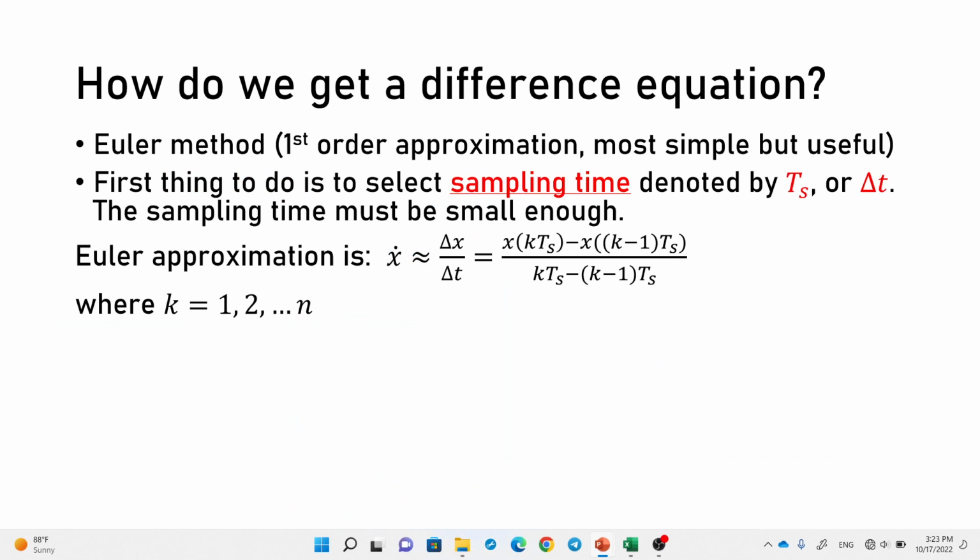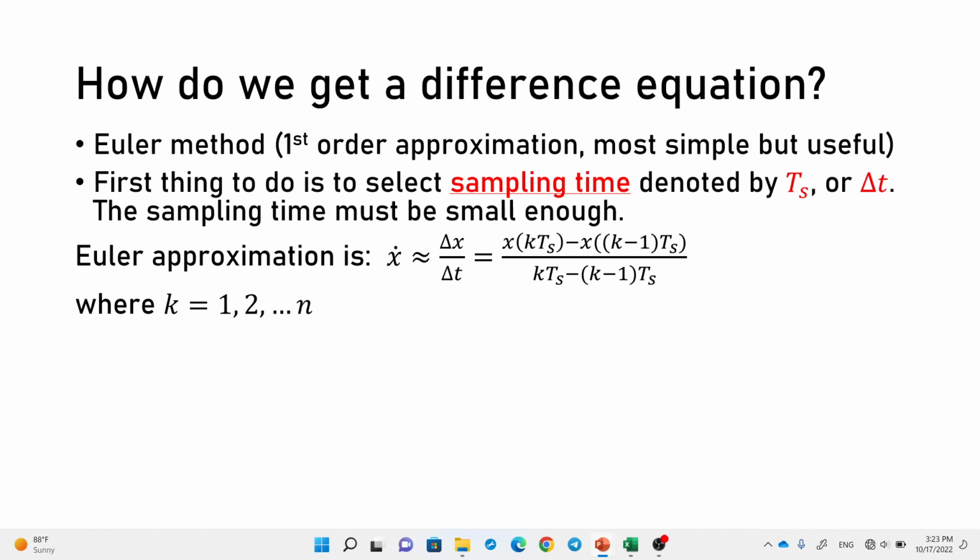So actually, how do we get a difference equation in terms of k, let's say? Most dynamical systems can be represented in the form of ordinary differential equations, okay? The differential is with respect to time.